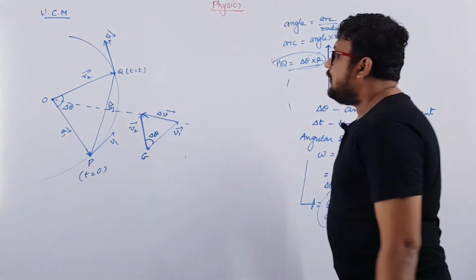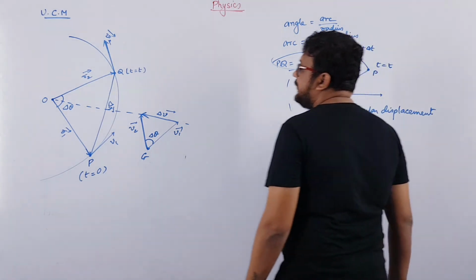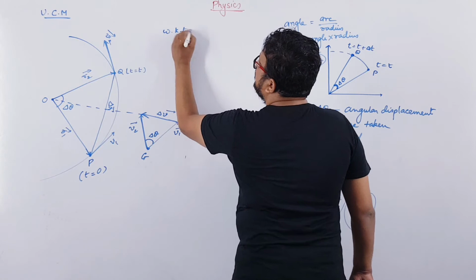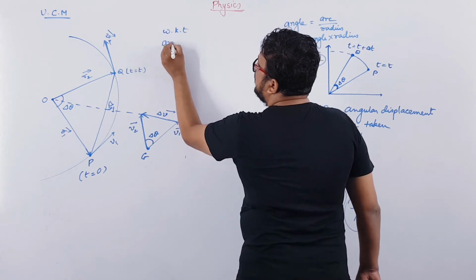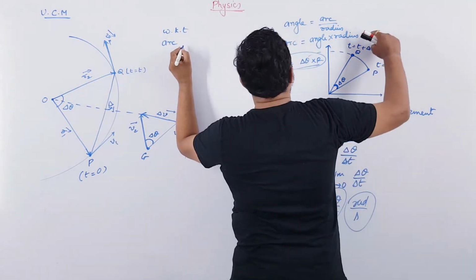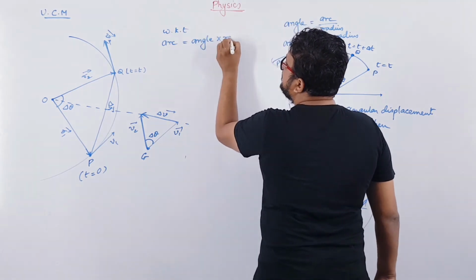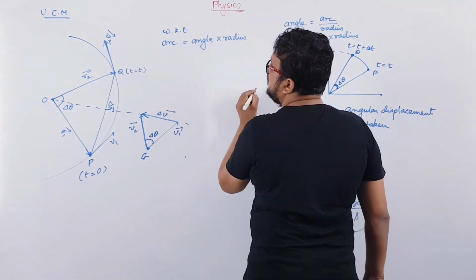Fine. Now we know that arc is angle into radius.